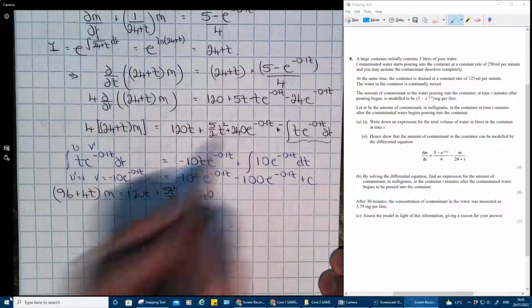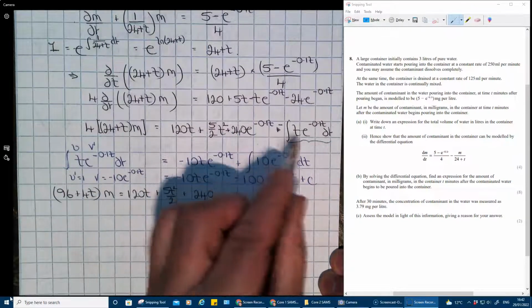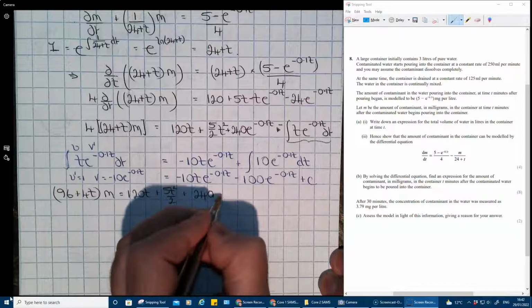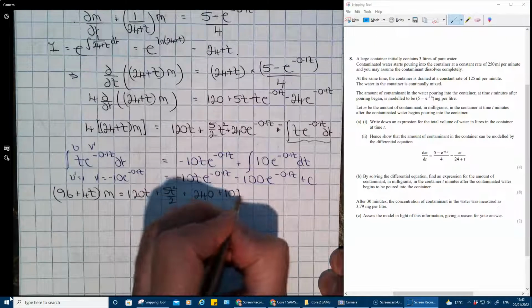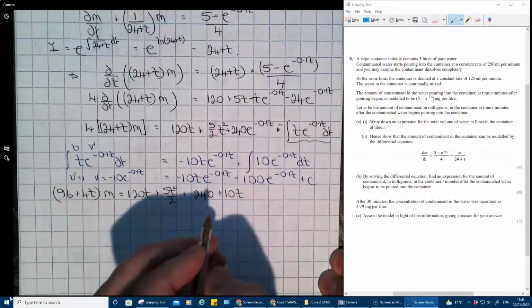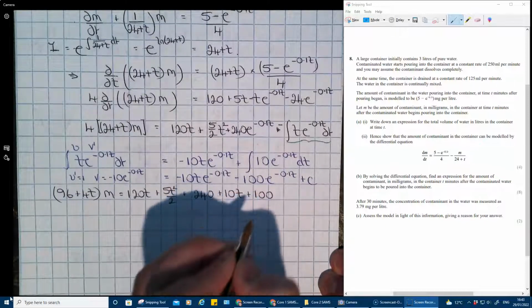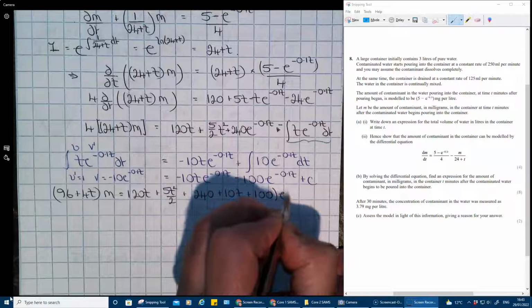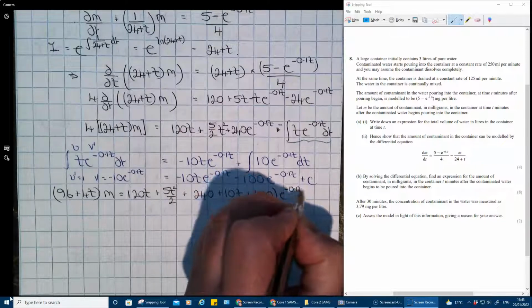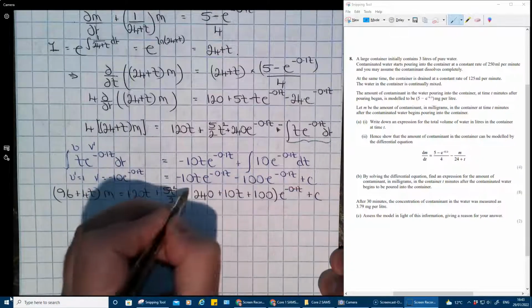Ooh, I've got 240. Take away this, so plus 10t plus 100 e to the minus 0.1t plus c.